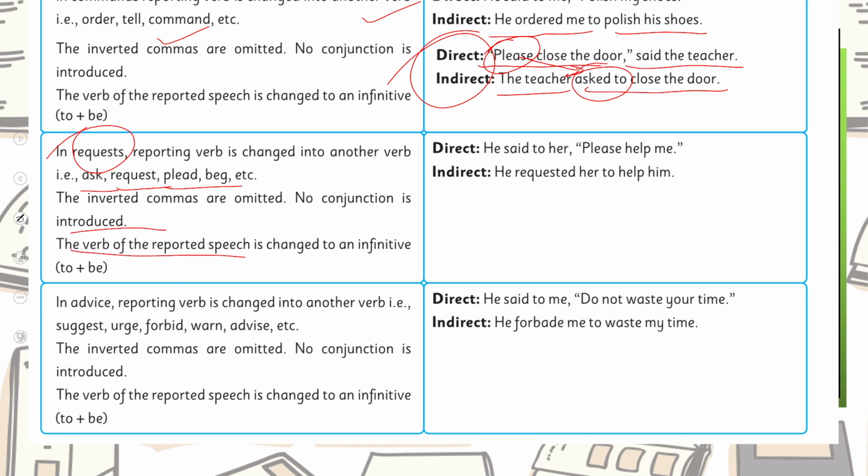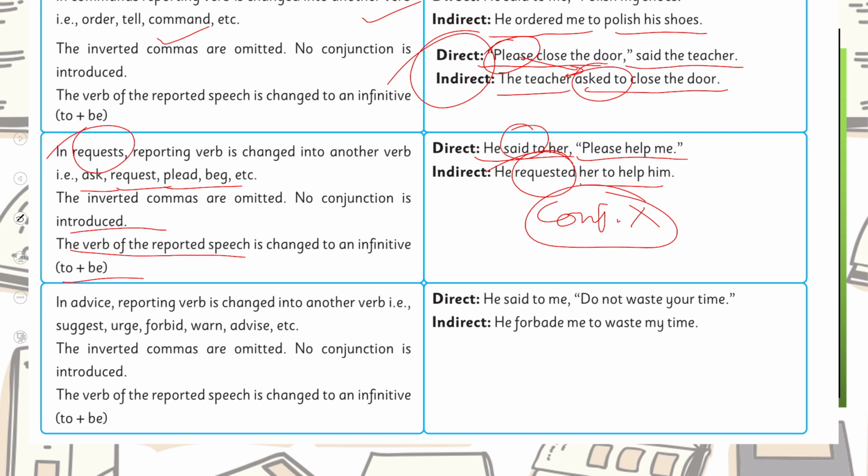The verb of the reported speech is changed to an infinitive. For example, he said to her, please help me. Now, this is a request. So you would say, he requested her to help him. All right. So we are not using any kind of conjunction over here.